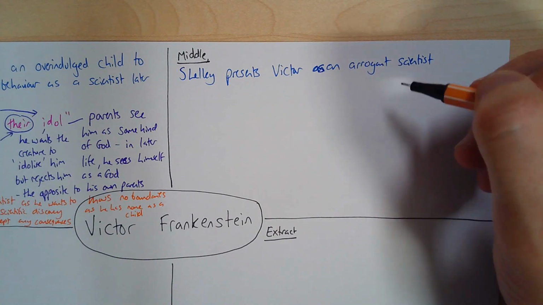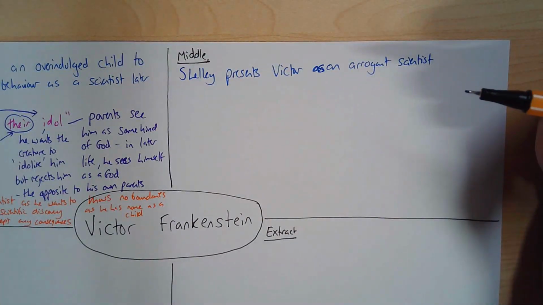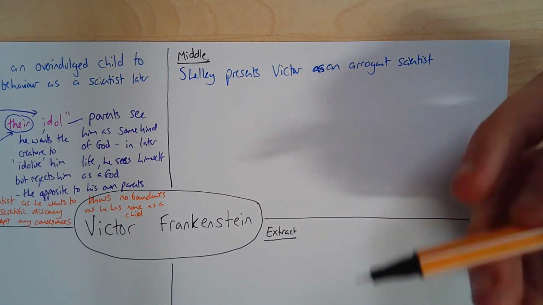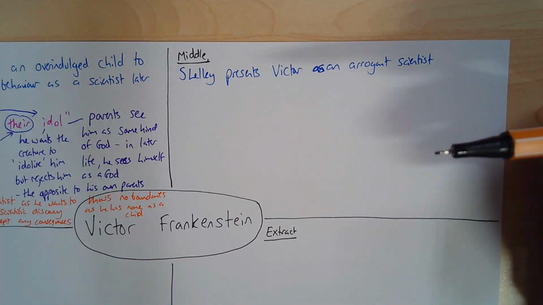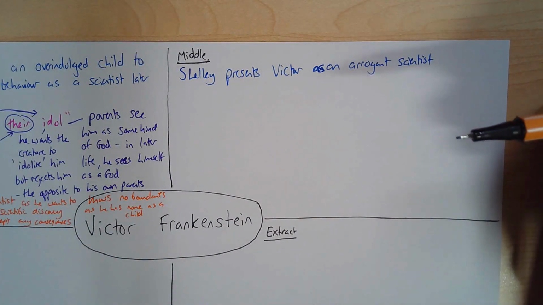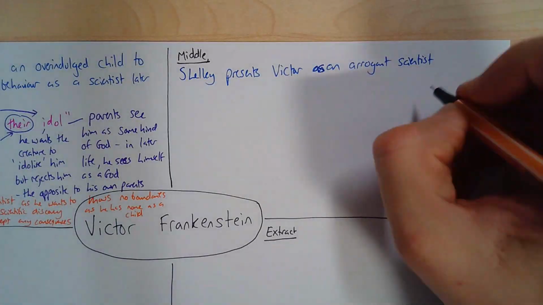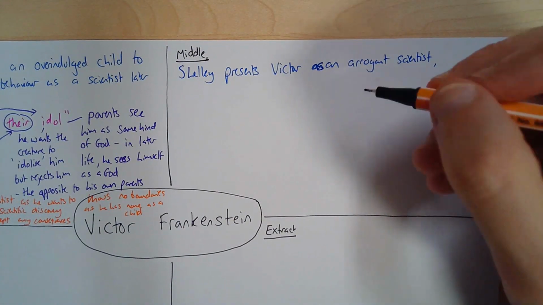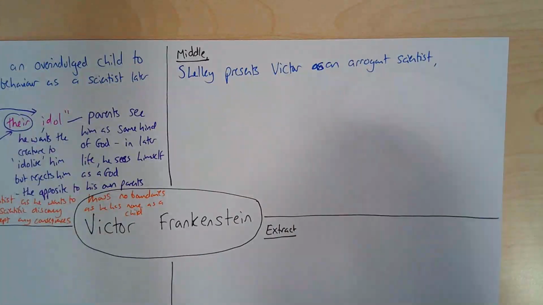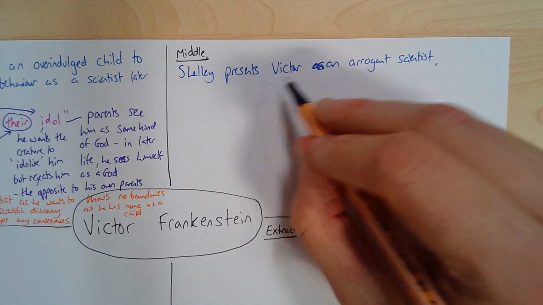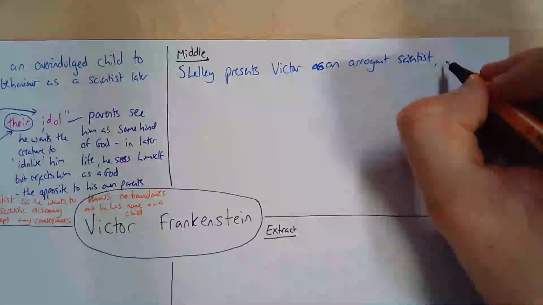It's the start of the novel, and he's not a hero in the good sense of the word. He's a stereotypically tragic character, a hero in the sense that he dies and everyone loyal to him dies because of his hamartia. And hamartia is basically a flaw in his character, something he can't do. So Shelley presents Victor as an arrogant scientist.